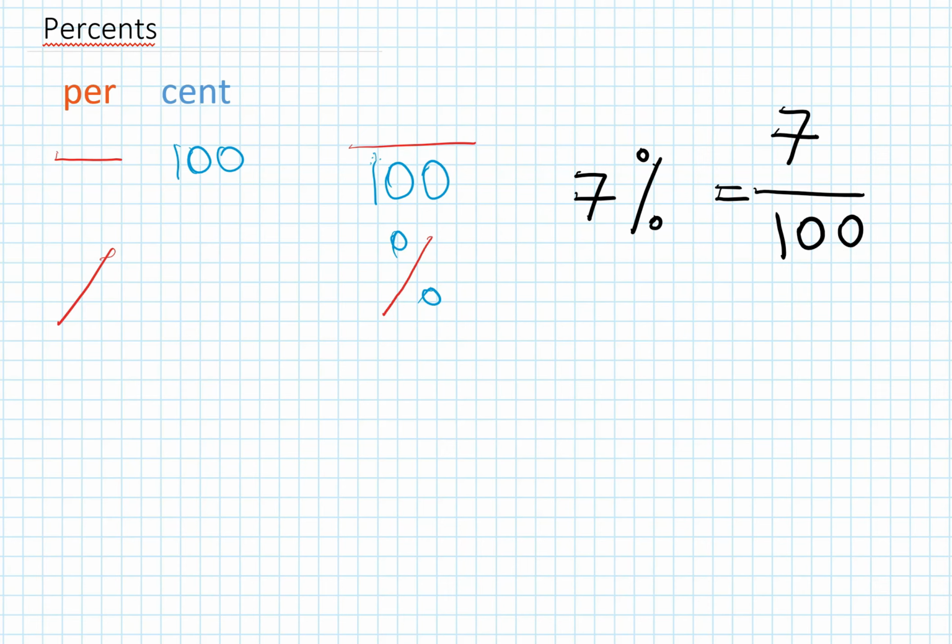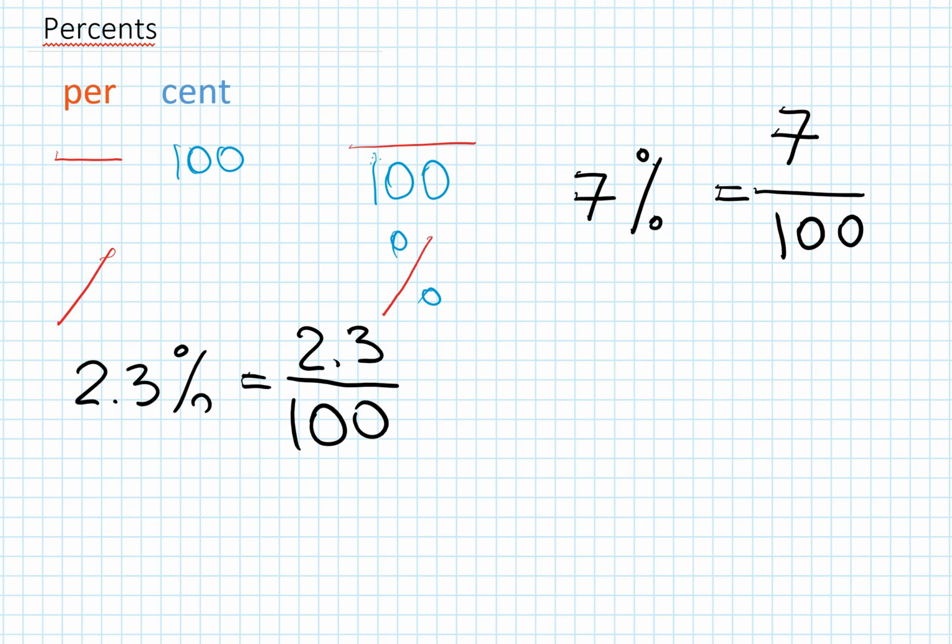Or any other example, 2.3% can be written as 2.3 over 100. Root 5% is root 5 over 100.